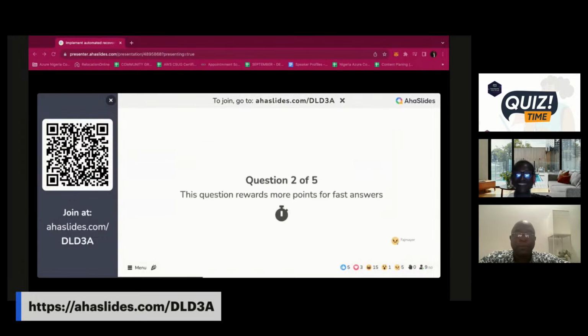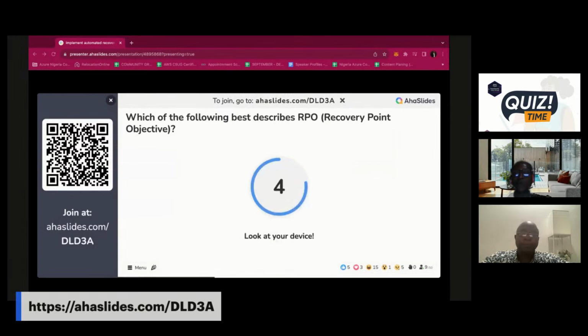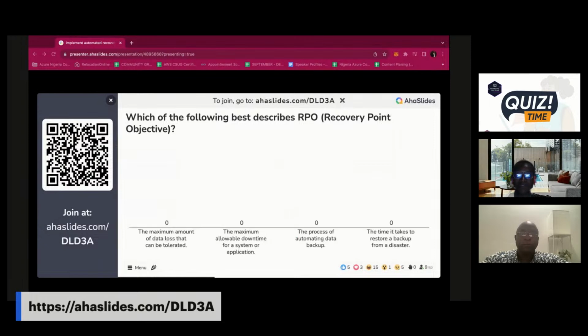As we keep on going, the second question out of the five: which of the following best describes RPO? The maximum amount of data loss that can be tolerated, the maximum allowable downtime for a system or application, the process of automating data backup, or the time it takes to restore a backup from a disaster.